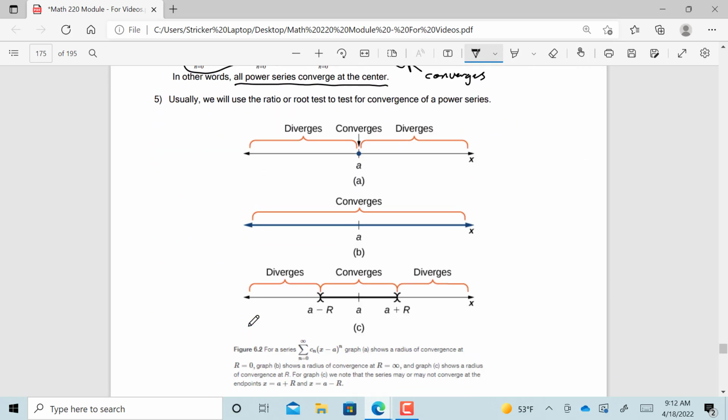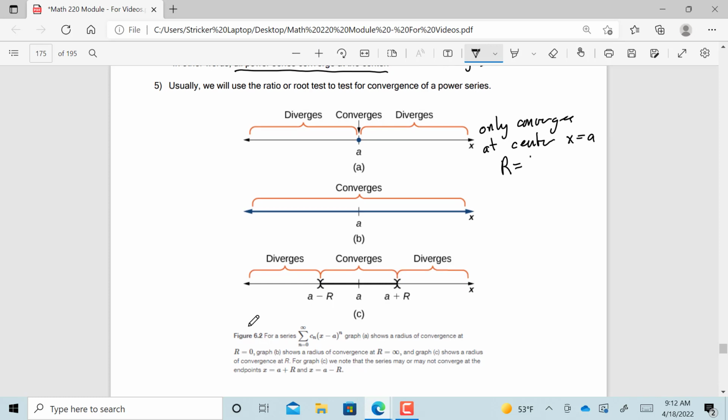And then here's kind of a picture of what those different intervals look like. So in the first picture, this only converges at the center, x equals a, which means that r is equal to what? There's no interval, so r equals 0. Next one, converges everywhere, which means r equals what? r equals infinity.